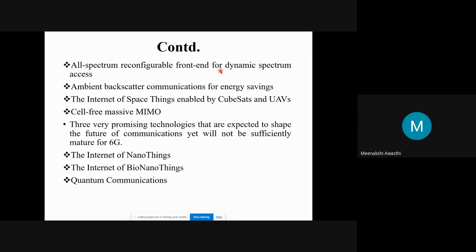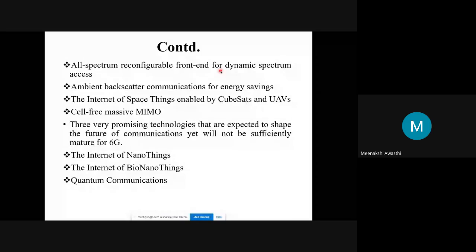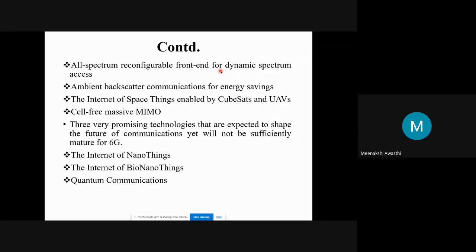Dynamic spectrum access is deployed to improve the energy efficiency of a network. So we have to think about an all spectrum reconfigurable front end for dynamic spectrum access. Dynamic spectrum access is also a part of 5G, and it will also be a part of 6G, so that energy efficiency can be improved in terms of the network and spectrum usage.